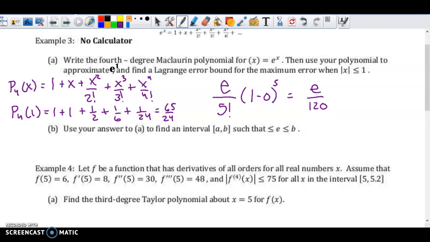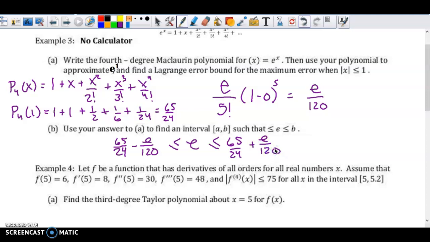All you're doing is adding and subtracting to that to create error.